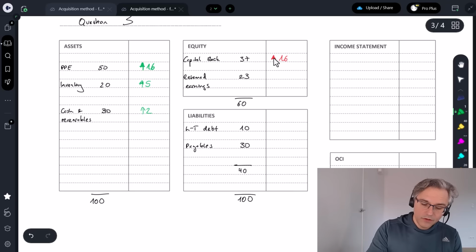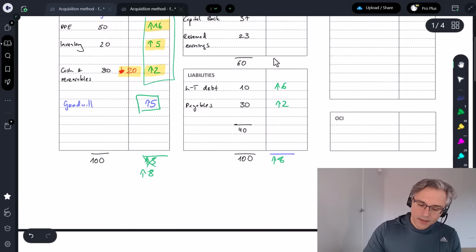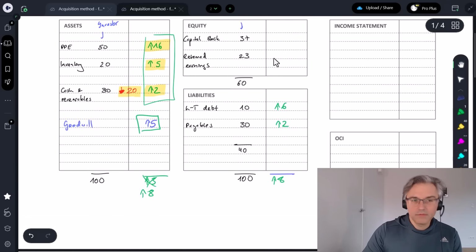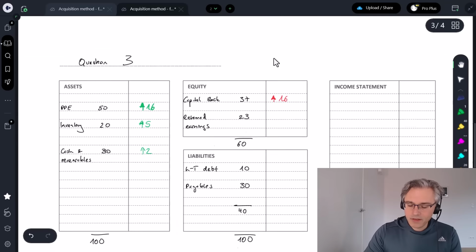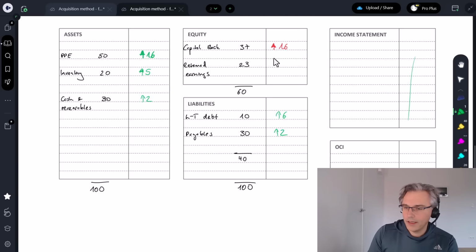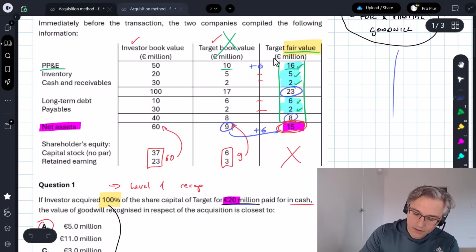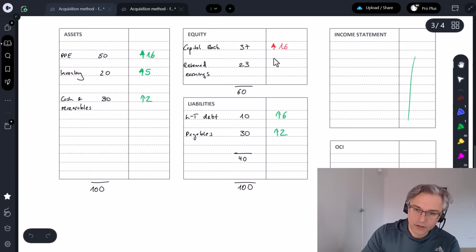Right, so we've got this absolutely same 100% entries into assets that we had before, when we were assuming that 100% of that company was bought. And over here, long-term debt, 6, payables 2, once again, following on with the same logic, we consolidate those liabilities fully, 100%. So the 6 and the 2 enter our consolidated balance sheet.